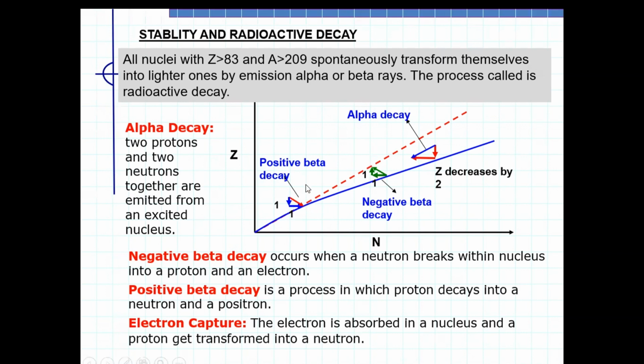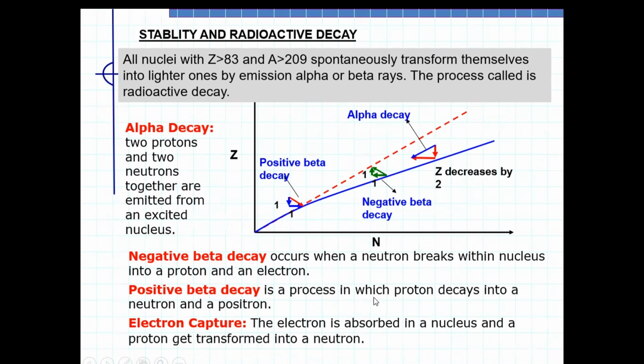Now, remember that the negative beta decay occurs when the neutron is breaking into a proton and an electron within the nucleus. And by doing so, the electron gets out of the system and it is a beta particle, and the proton stays inside the nucleus, and therefore you get a neutron decrease by 1 and an increase of proton by 1.